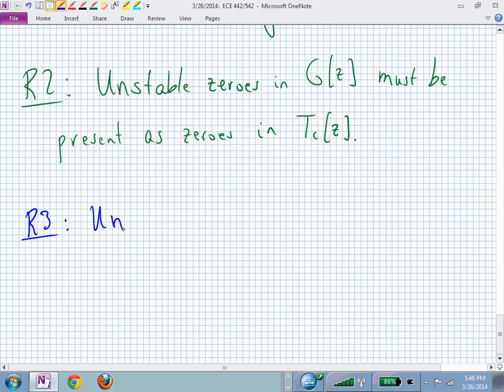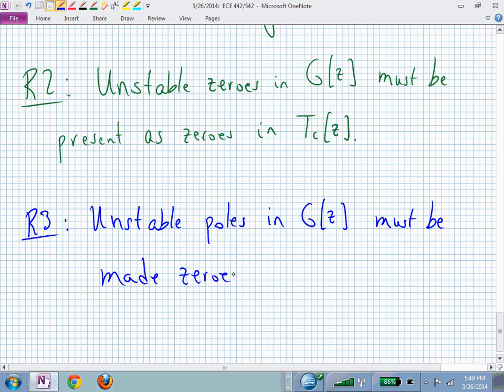Restriction 3 is unstable poles of G of Z must be made zeros of that 1 minus T sub C of Z expression.